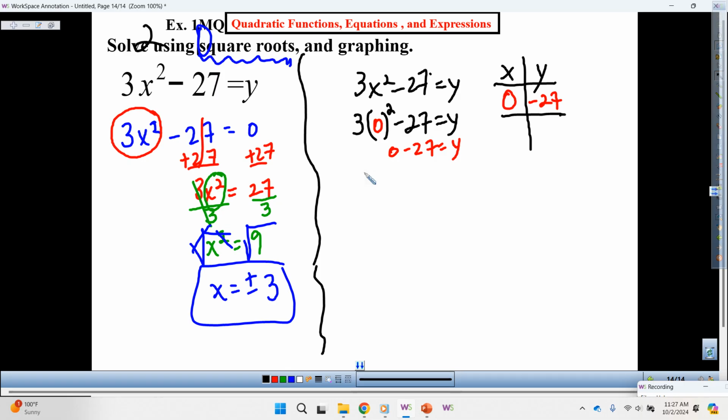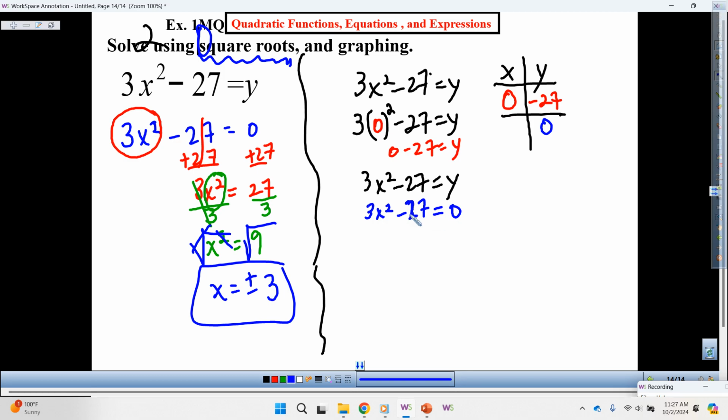Step 1. 3x squared minus 27 equals y. What do we do next? Tell your neighbor. What do we do next? All right. Looks like Caitlin's got it. Go, Caitlin. Make the y 0. So change y to 0. 3x squared minus 27.